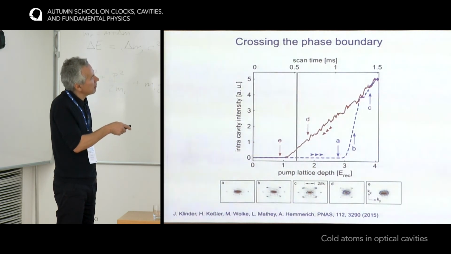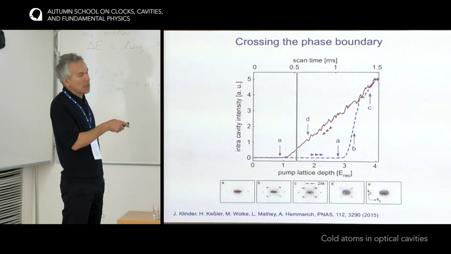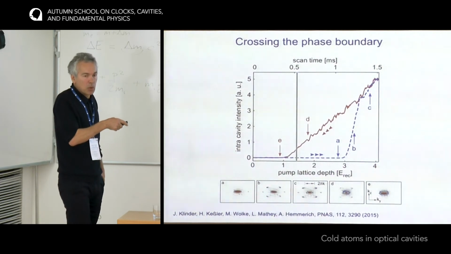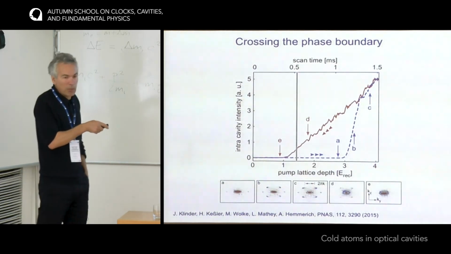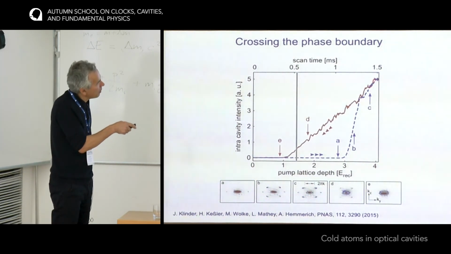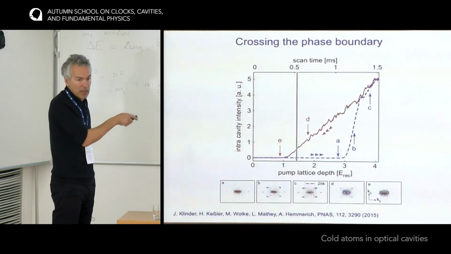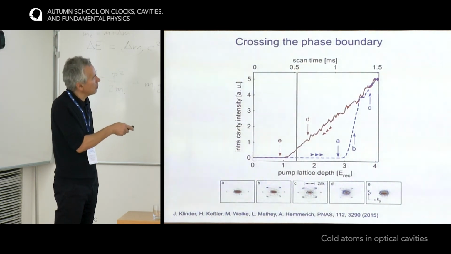And then all of a sudden the system realizes, now I should go back to where I belong, and goes up to this curve. And then on the way back, we tune out of the self-organized phase again, and you see how the system behaves then. The red curve is going out and the blue curve is going in.